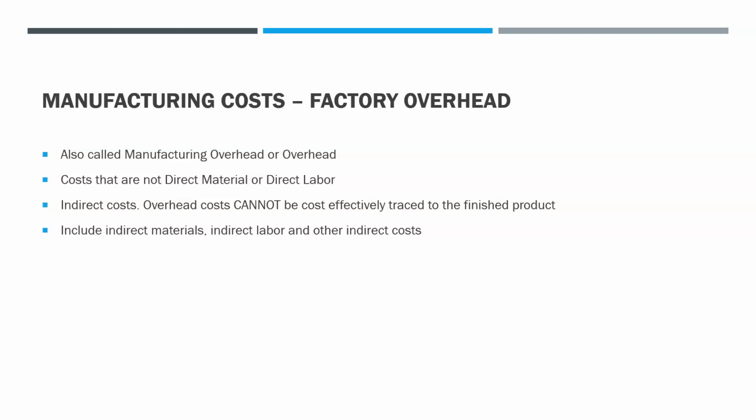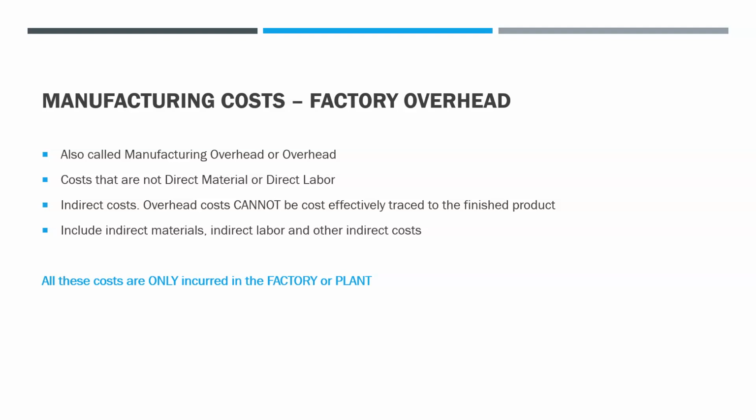Factory overhead is further categorized into indirect material, indirect labor, and other indirect costs. All these costs are only incurred in the factory or plant. So whenever you are doing a question and they say classify this into manufacturing overhead, direct material, direct labor, and so on, if the cost is not incurred in the factory, then it is not a manufacturing cost.